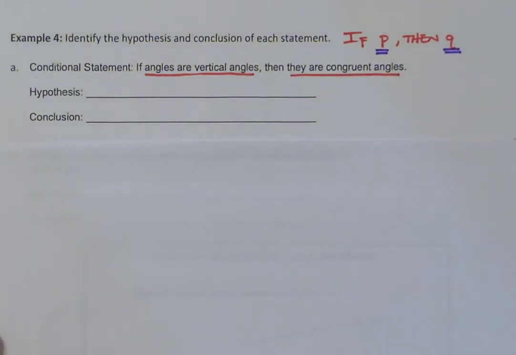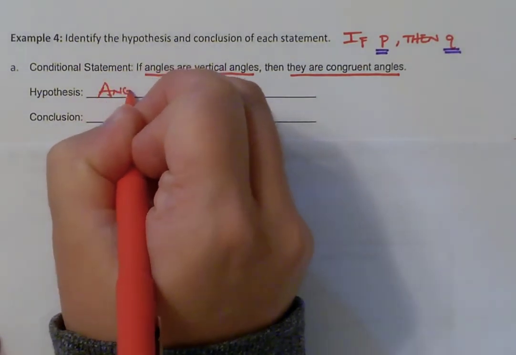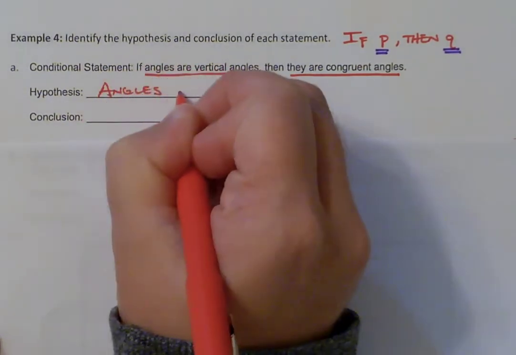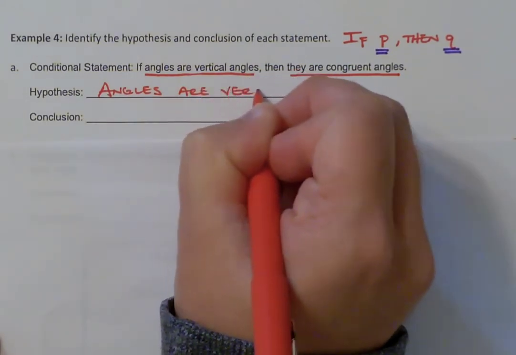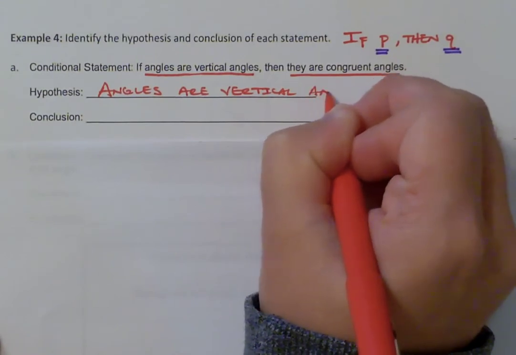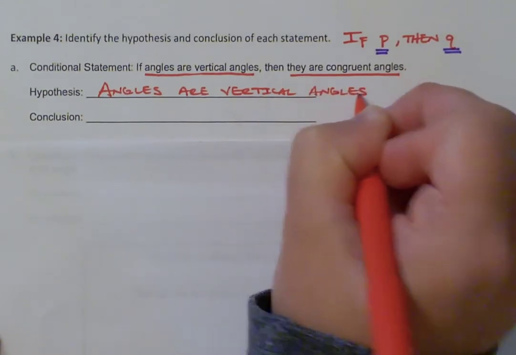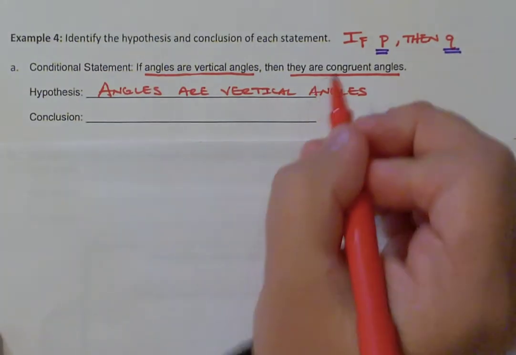So our hypothesis is that the angles are vertical angles, and then our conclusion is going to be that they are congruent.